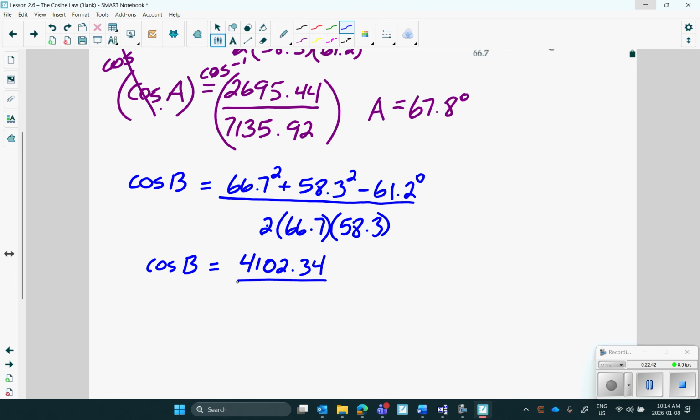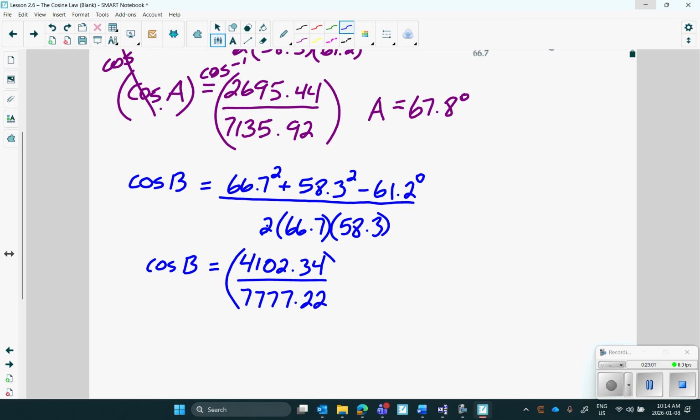And on the bottom, 2 times 66.7 times 58.3 gives me 7,777.22.